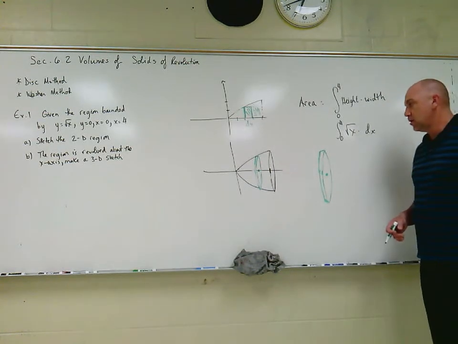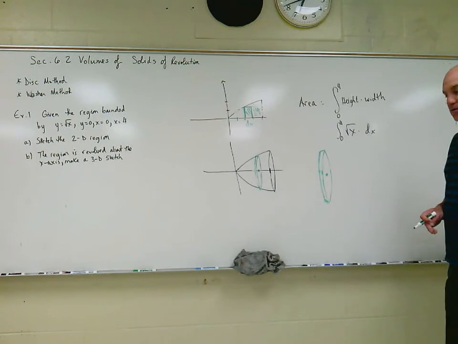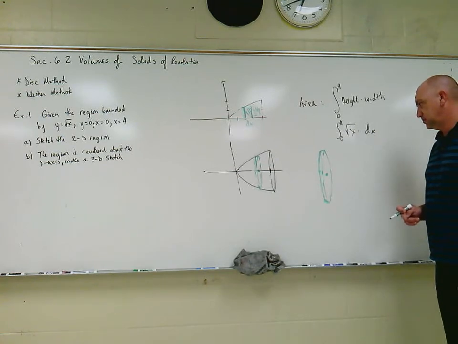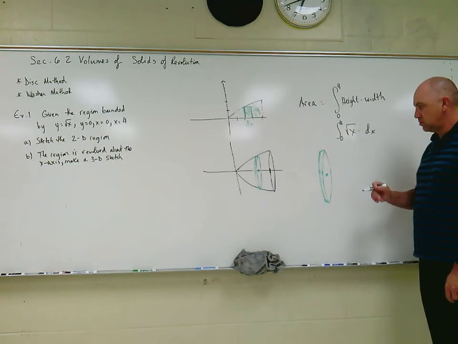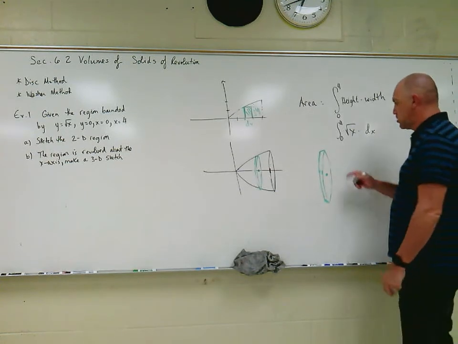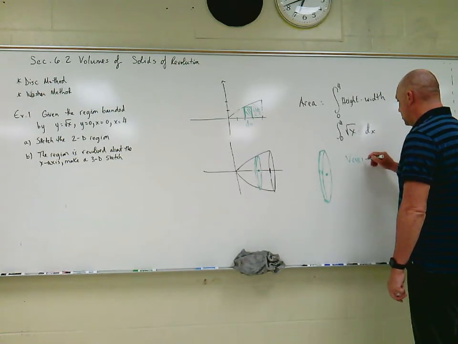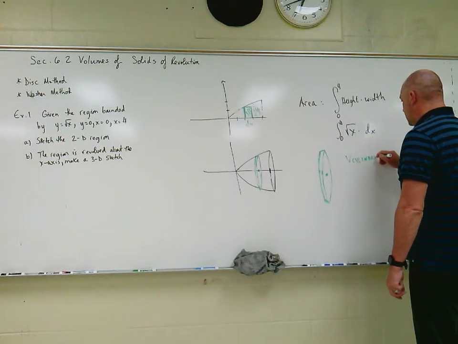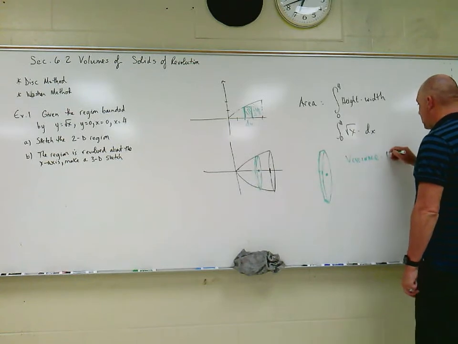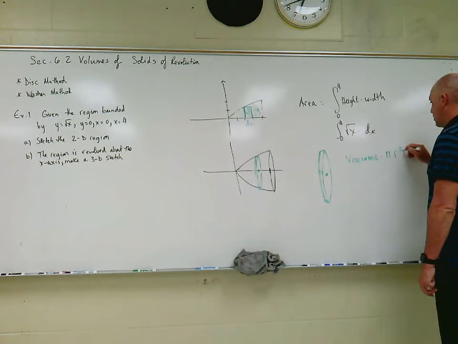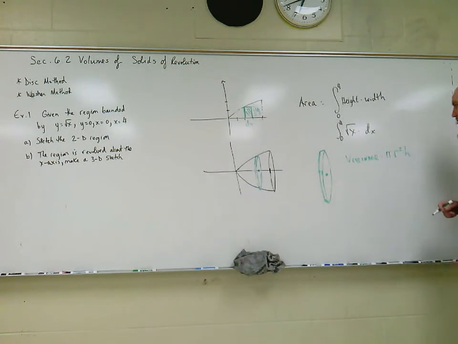Do you remember the volume formula for a cylinder? All right, so pi r squared h. So the volume of a cylinder is pi radius squared times height. Okay?